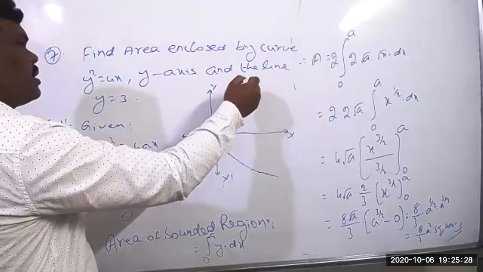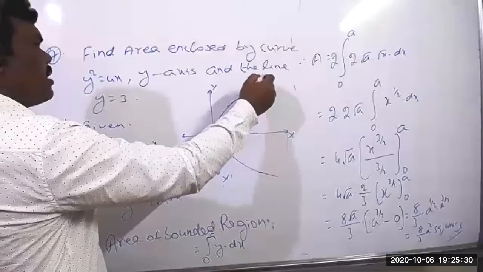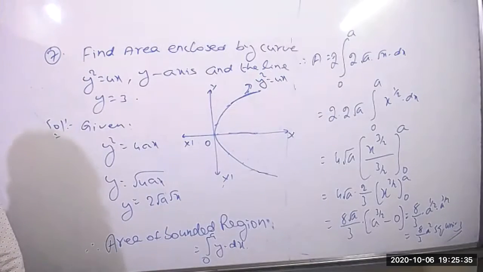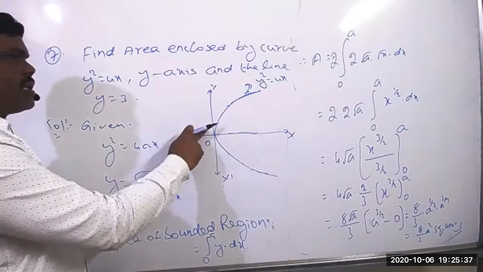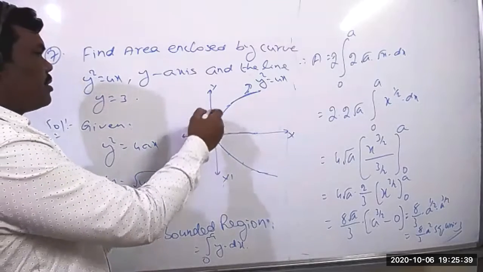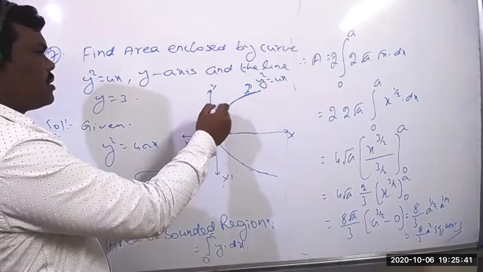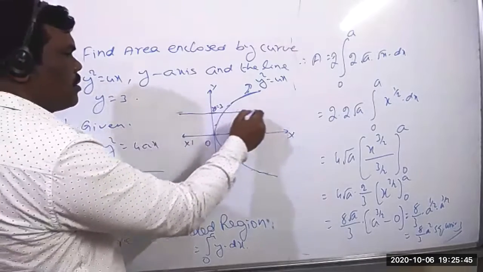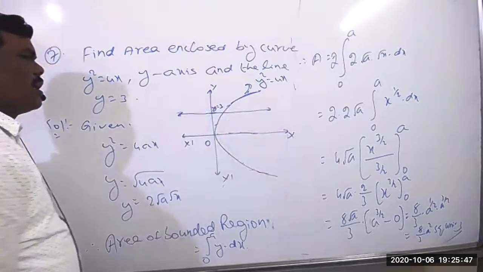This is the graph of that: y square equal to 4x, the parabola, and the y-axis and y equal to 3. Suppose you take y equal to 3, then we get the line like this.